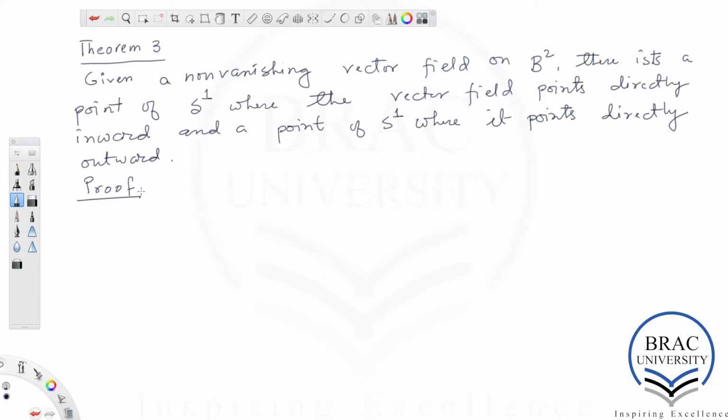Alright, so let me recap the notion of a vector field on the unit ball in dimension 2. A vector field on B2 is an ordered pair (x, V(x)).